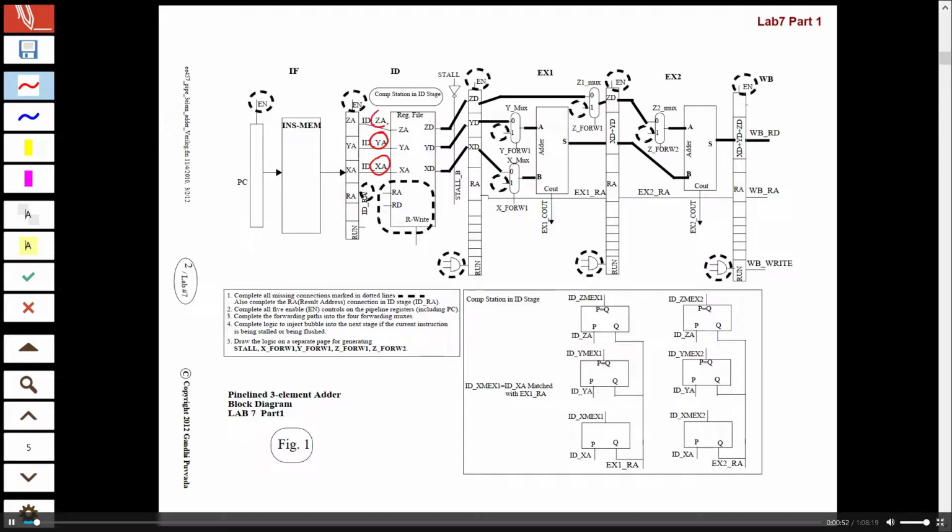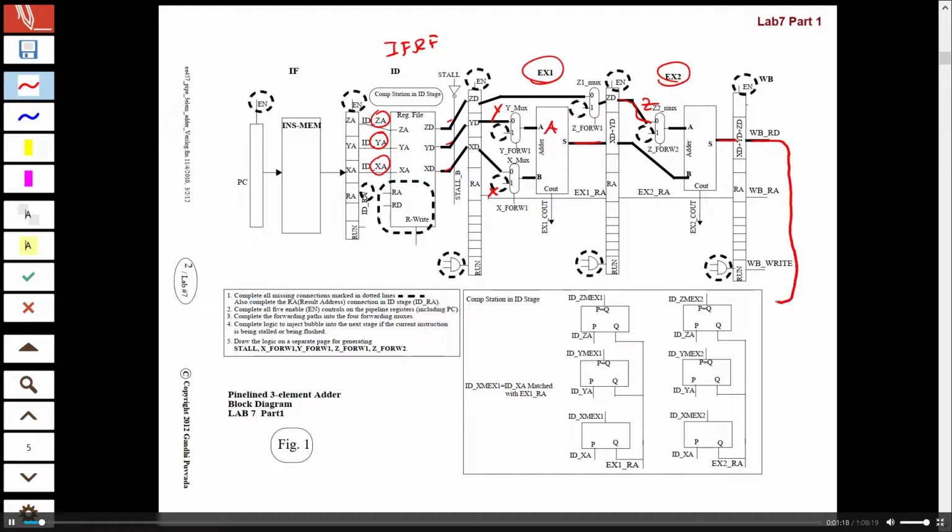X, Y, Z, the 3 elements are read from the register file, which is an internally forwarding register file, and conveyed to the next stage, EX1, then further EX2, where X and Y are added first, and to that sum, the Z is added, and the final sum is written.